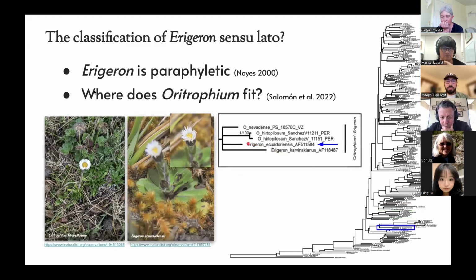Another interesting thing is somebody gave a recent talk on Orotrichum, and I didn't include this in my phylogeny at the time because I was working off of the 2008 classification of Erigeron. But they showed that Orotrichum herdopilosum and nevadense come out in this group with two Erigeron species, including Erigeron ecuadoriensis.